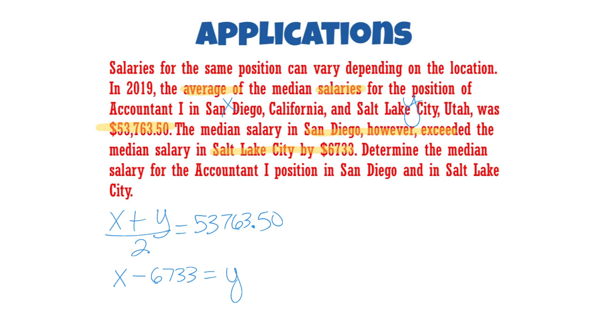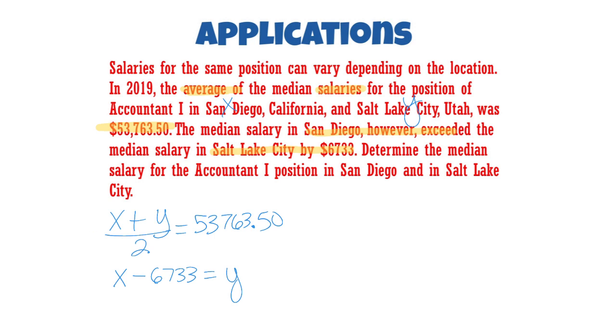Okie doke. So looking at this, I really like that this Y is isolated right now. I feel like that sets it up nicely to do substitution. I'm going to grab this guy right here, and I'm going to plug that in for the Y right here. But I think I'm also going to try to get rid of this fraction. So I'm going to do two steps in one here.